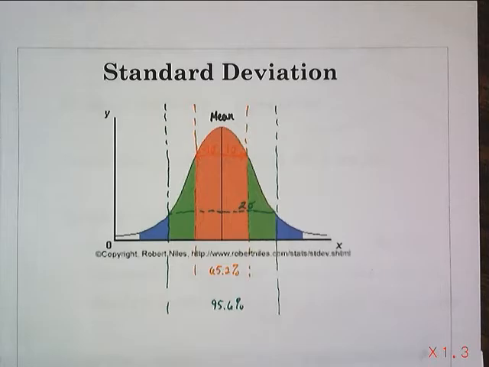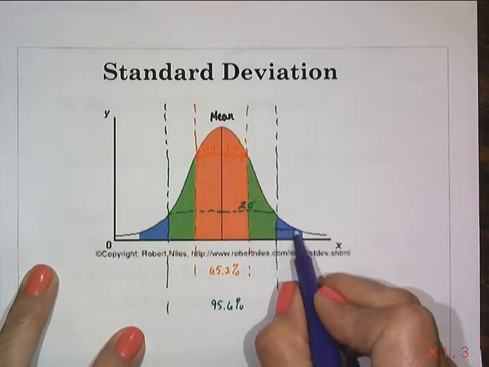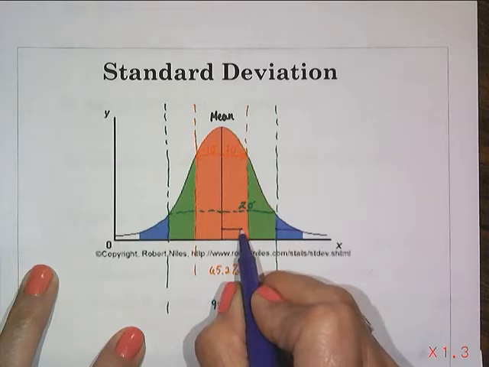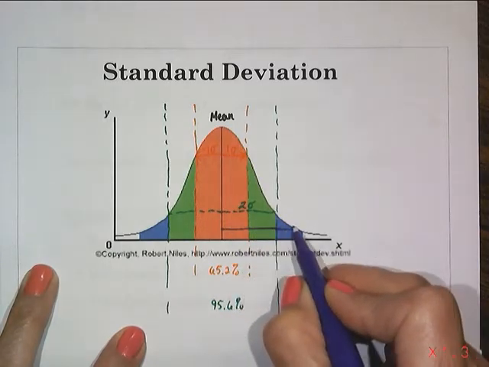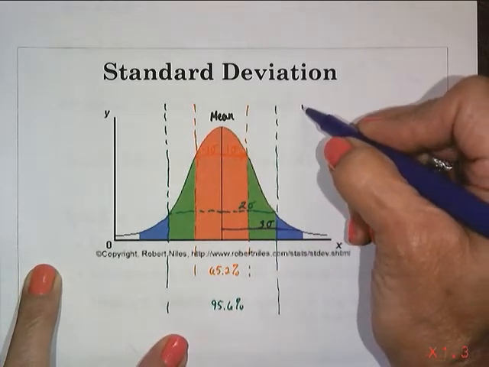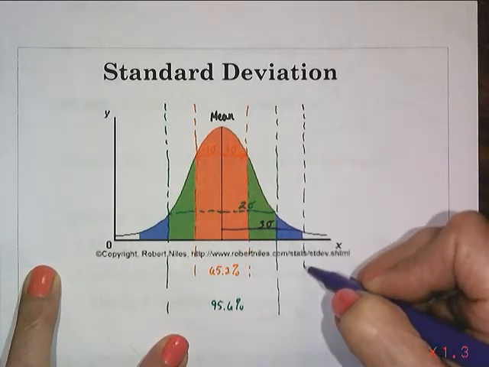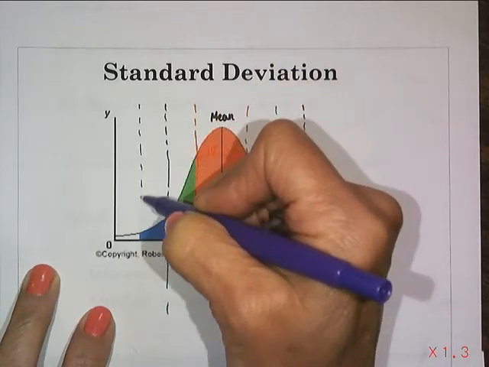And then we can go still more standard deviations out. I'm going to go one more standard deviation out from the mean. So I'm going to take it all the way from the mean out. So 1 standard deviation, 2 standard deviations, 3 standard deviations out. When I go 3 out from the mean in either direction, now I'm talking about almost all of the data.